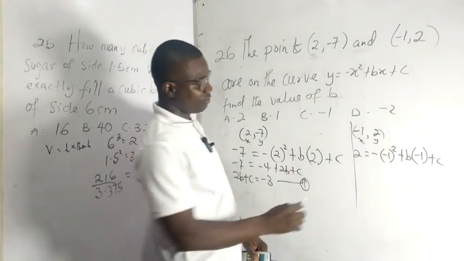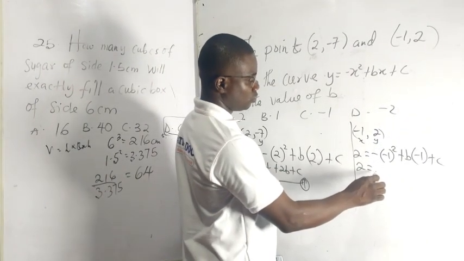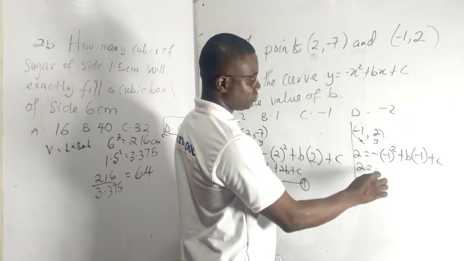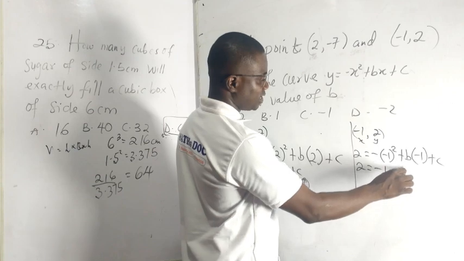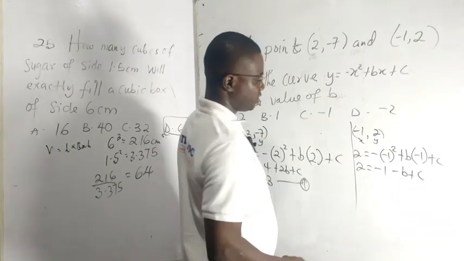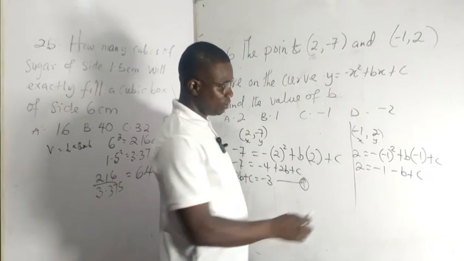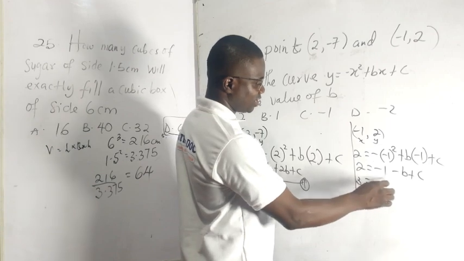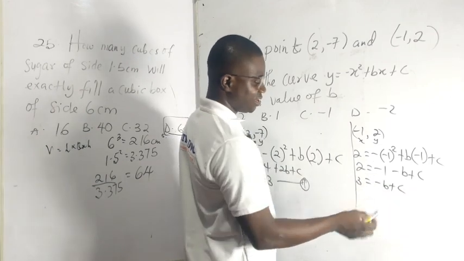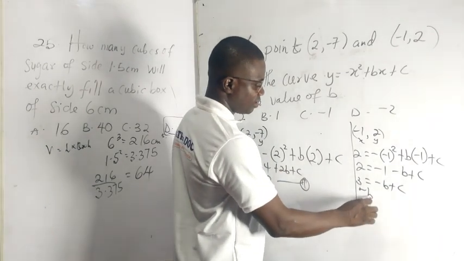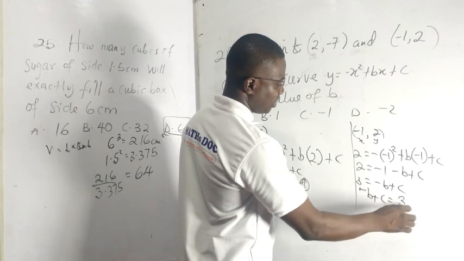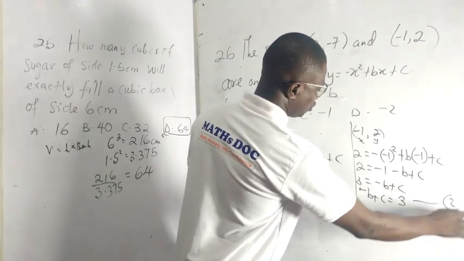Simplifying, you have 2 is equal to minus 1 squared is 1, so minus 1, minus b plus c. Arithmetically, you have 3 is equal to minus b plus c. Let's get the equation right. So minus b plus c is equal to 3, equation 2.